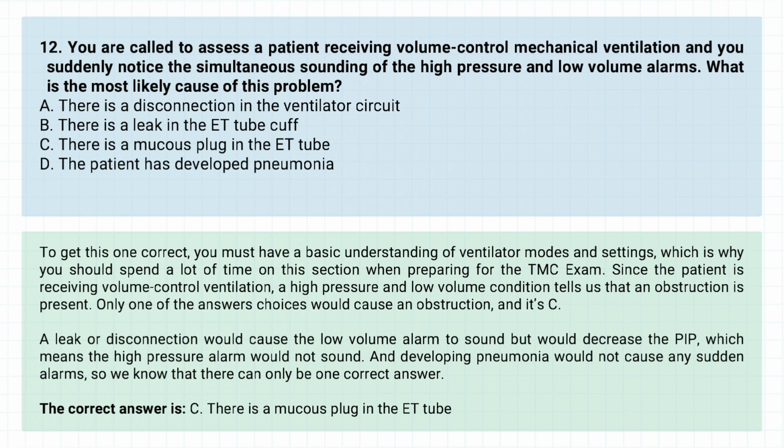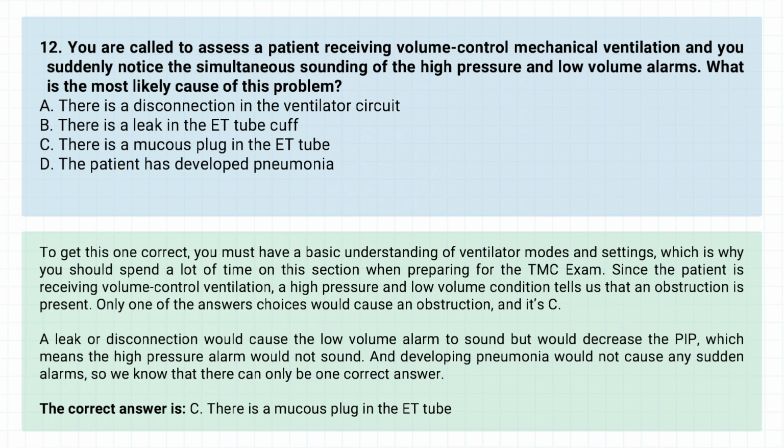There is a mucus plug in the ET tube. To get this one correct, you must have a basic understanding of ventilator modes and settings, which is why you should spend a lot of time on this section when preparing for the TMC exam. Since the patient is receiving volume control ventilation, a high pressure and low volume condition tells us that an obstruction is present.